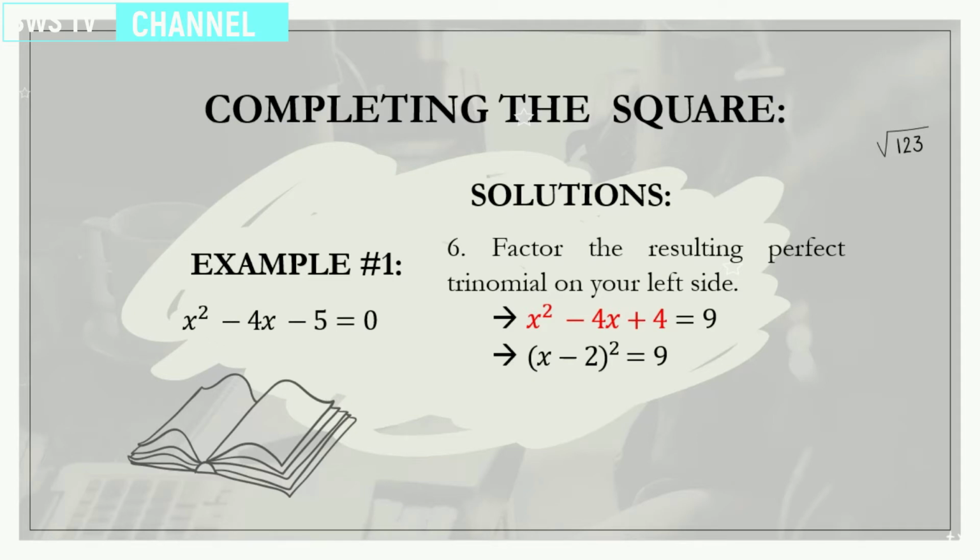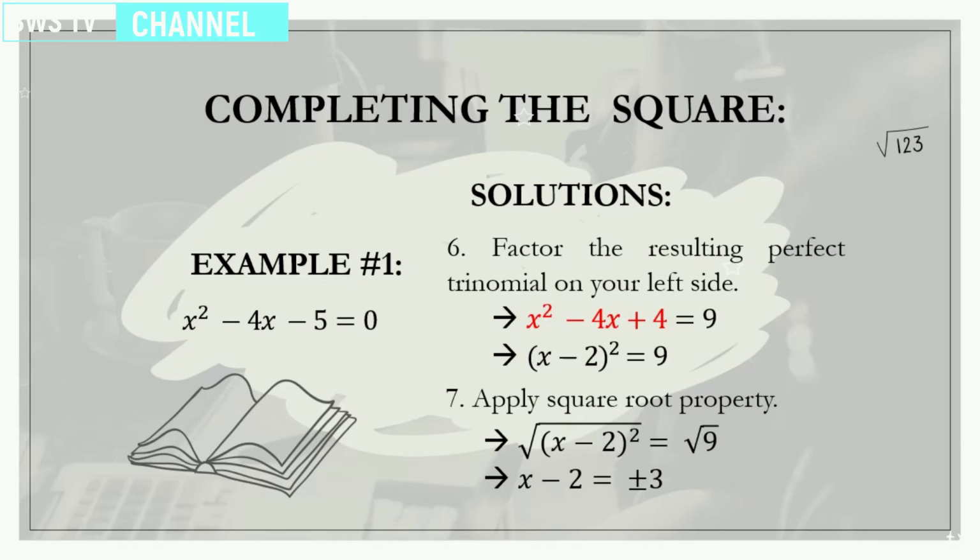So again, copy x. Copy the sign in the middle. Then take the square root of the last term. So the square root of 4 is 2. So x minus 2. Then put them in a parenthesis and put the exponent outside the parenthesis. And bring down 9. So that will be our factor.